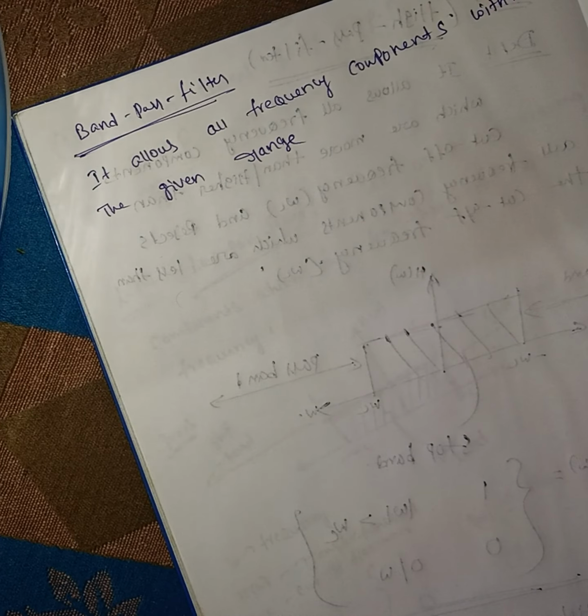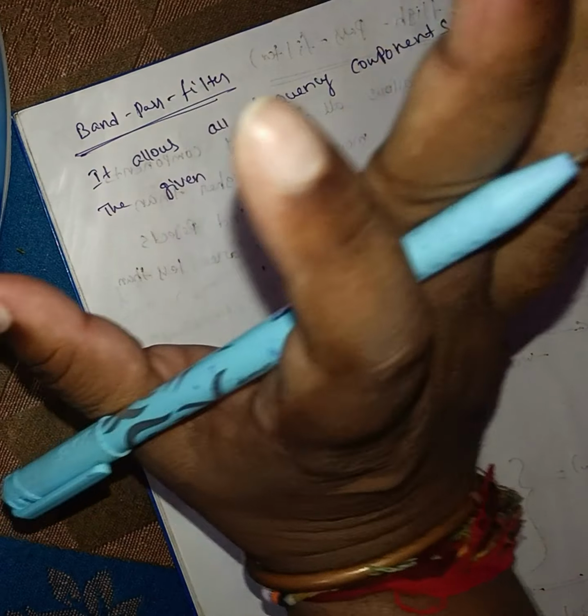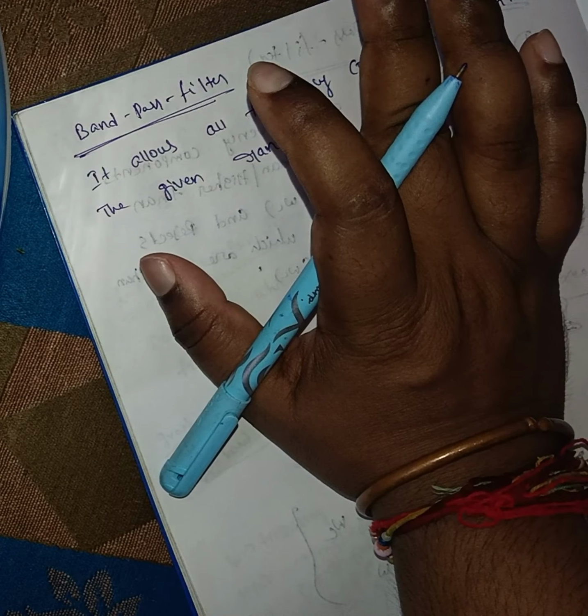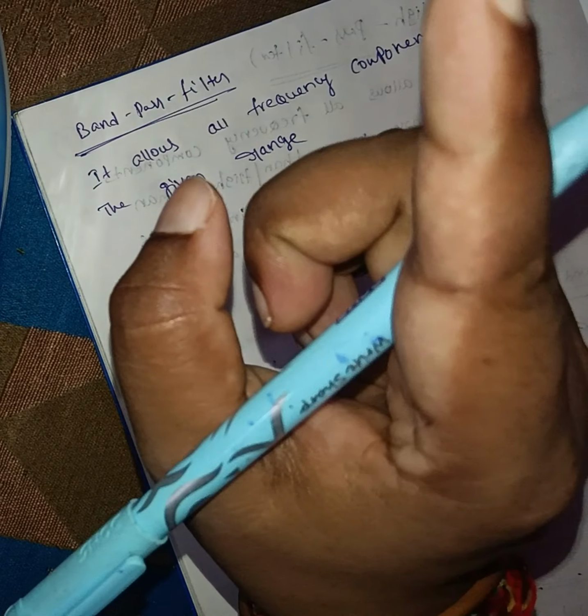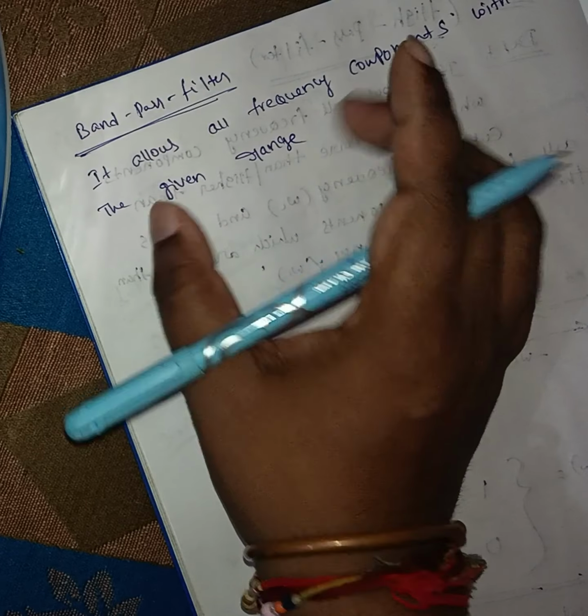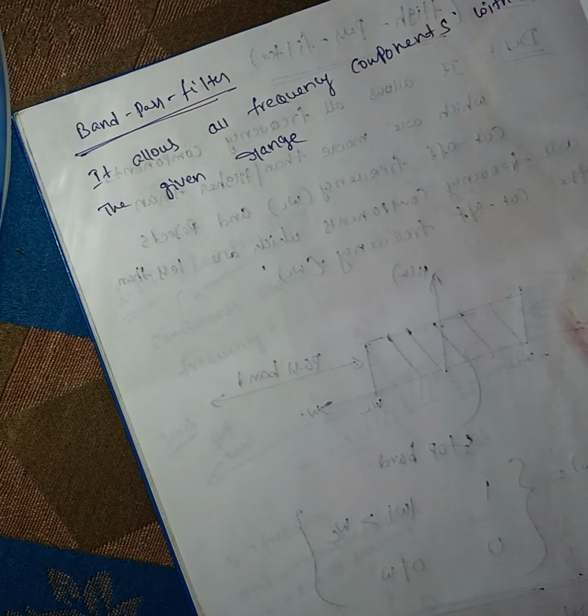So here we will be given two frequencies, not a single frequency. In low pass filter and high pass filter, we are given a single frequency, that is the cutoff frequency. Here we are given two frequencies, omega 1 and omega 2. So in between the range it will allow.